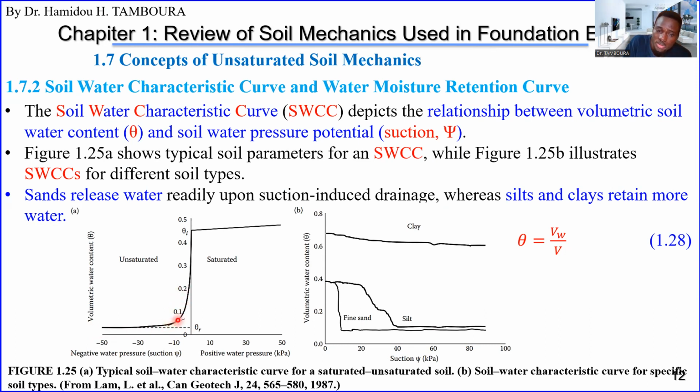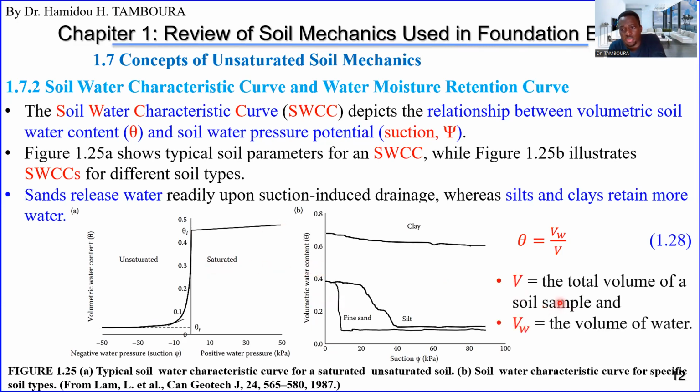Once you increase the volume of water, you will see that theta will also increase, up to a certain level here. Now it is 100% saturated. So V is the total volume, as I already explained, and Vw is the volume of the water.